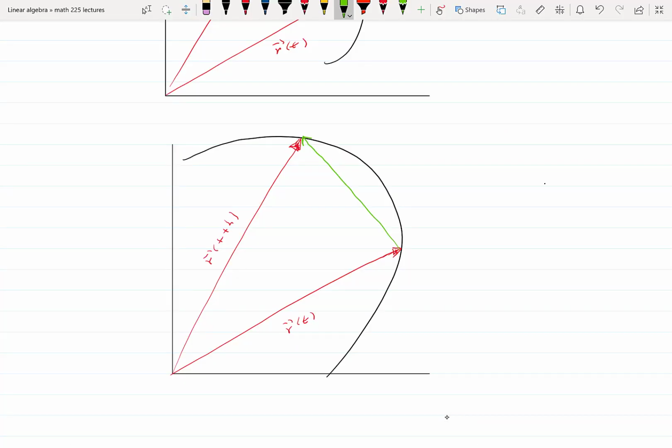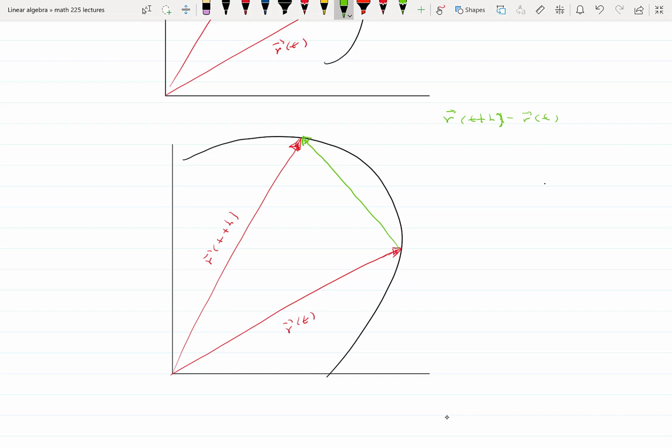So here's a redraw. The green vector now is the difference r of t plus h minus r of t. It's not tangent. It's approximately tangent to this curve. Now, my question was, what happens to this green difference vector as I look at smaller and smaller increments in time h?